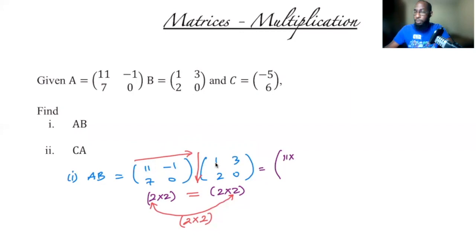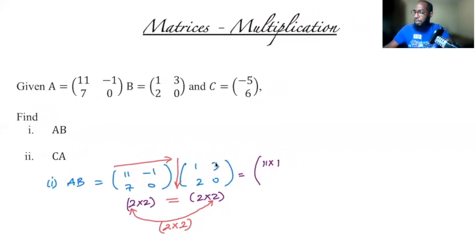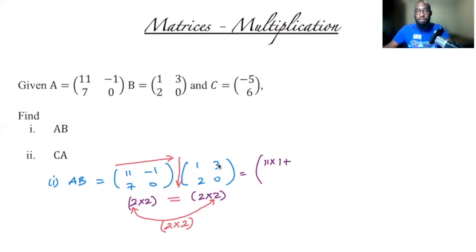So 11 by 1, right? 11 by 1 plus, always plus, the second number in the row, we multiply that by the second number in the column, -1 by 2. So we have -1 by 2. So you could put the numbers in a bracket, right? So we have first with first plus second by second. So 11 by 1 plus -1, we're going down by 2, right?